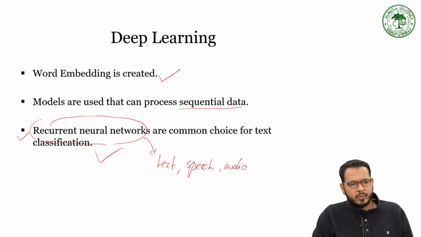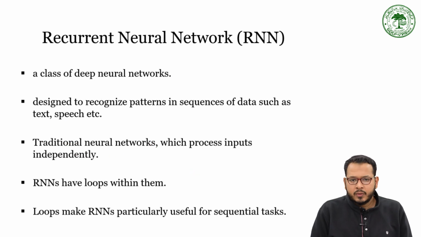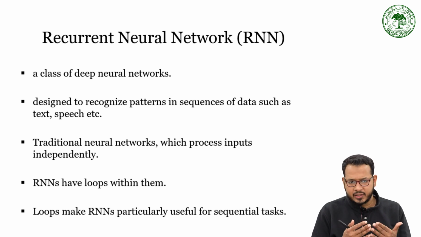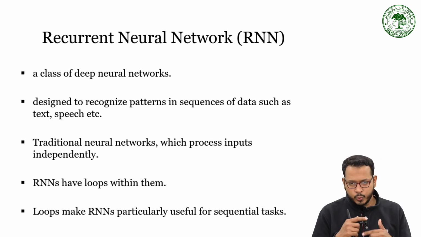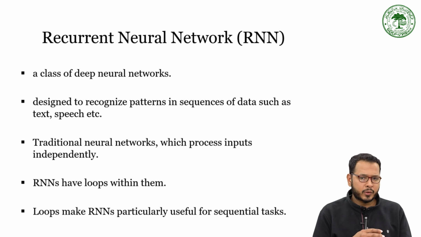So let's see what we mean by recurrent neural networks and how they can be used to solve the text classification problem. A recurrent neural network is a type of artificial neural network designed to recognize patterns in sequences of data such as text, speech, etc. Unlike traditional neural networks, which process inputs independently, RNNs have loops within them, allowing information to be carried across neurons while processing the sequences.